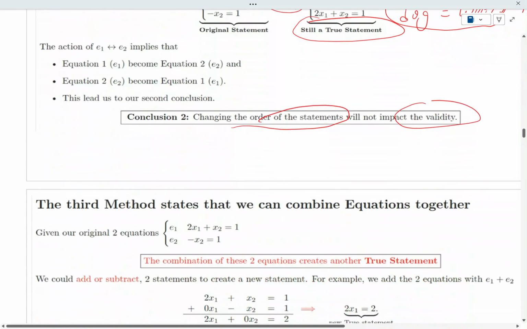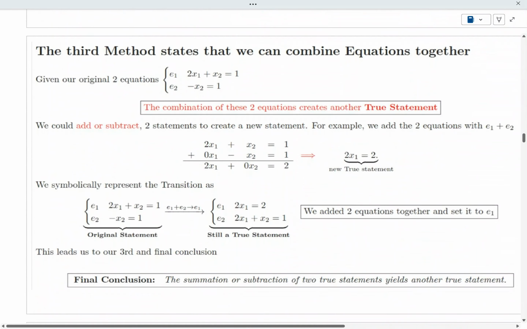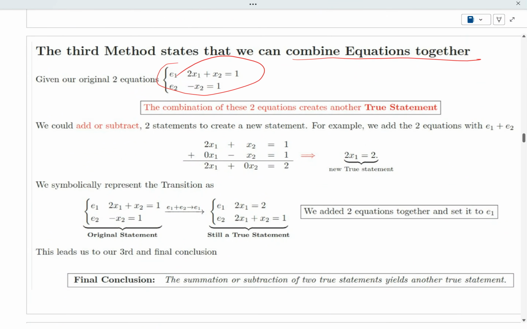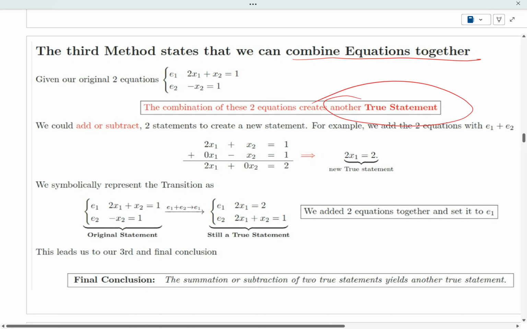All right, the third method basically says that we can combine equations together. So now we have two equations. If we were to add up these two equations, then the result of the addition or subtraction creates another true statement. So over here you have 2x1 + x2 = 1. So that's the equation.